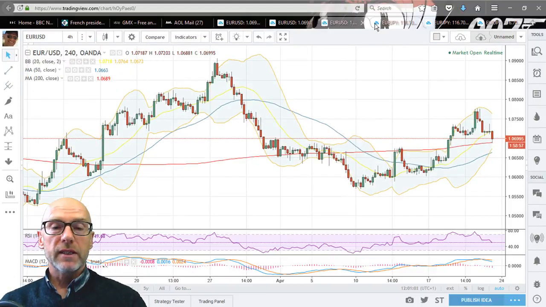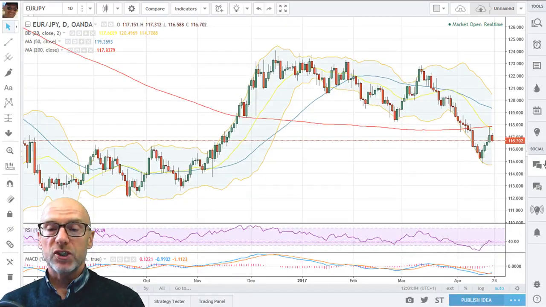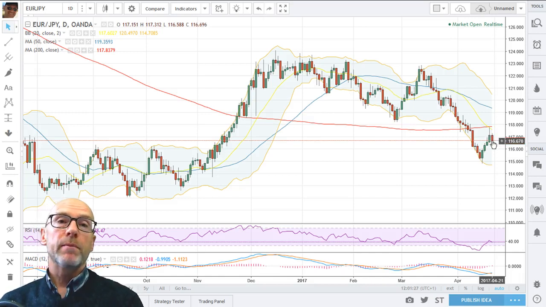On the euro against the Japanese yen, it's a slightly different picture. In fact, it's been in a downtrend ever since the highs of December. It got oversold, has bounced out of an oversold area, and found resistance at the 20-day moving average. With the market being below all the moving averages, that's a bearish sign.